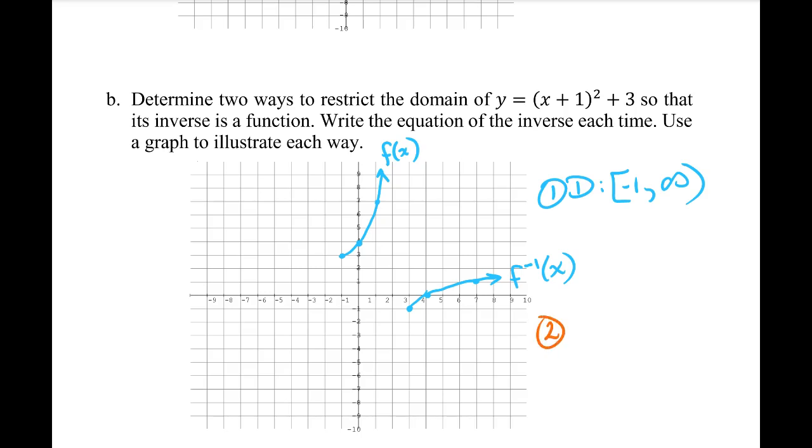Conversely, I could also restrict my original domain from -infinity to -1. And what that allows me to do is basically do the other half of my parabola.